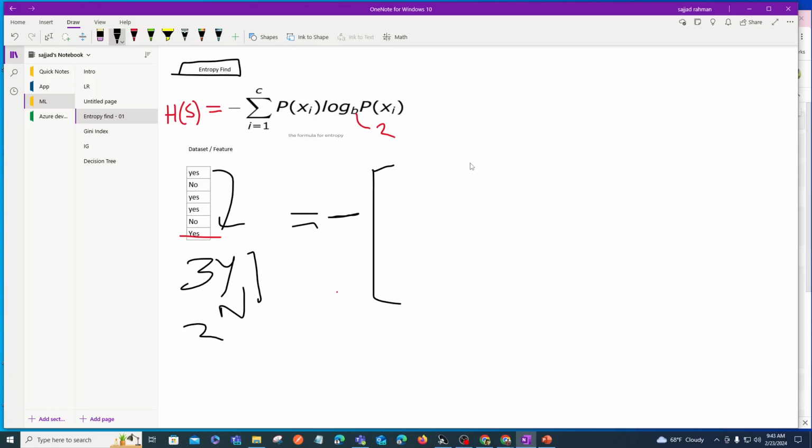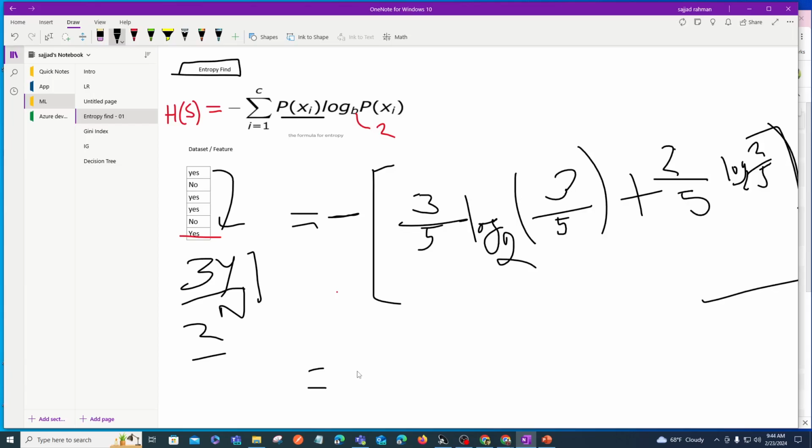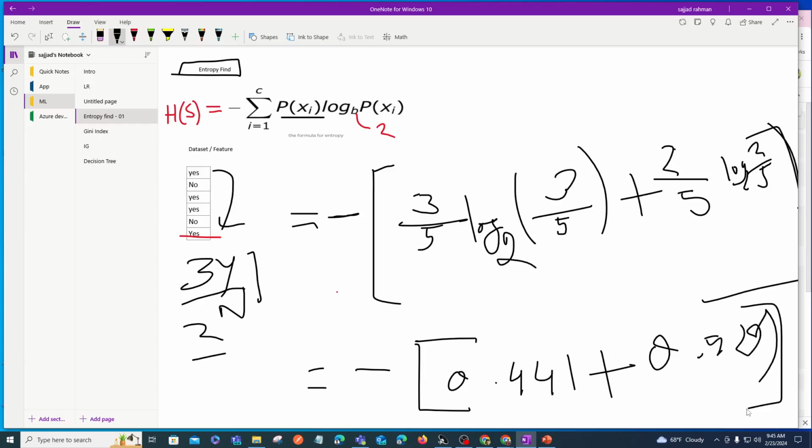Wait a minute, 3 upon 5 times its log, I got 0.441, and you can check it. Then the other term is 0.528. If we add them together, this is 8, very bad handwriting.